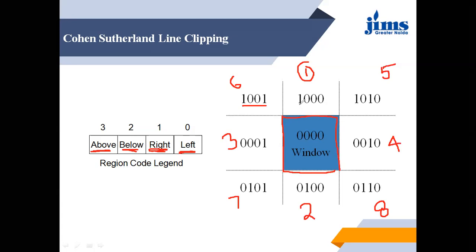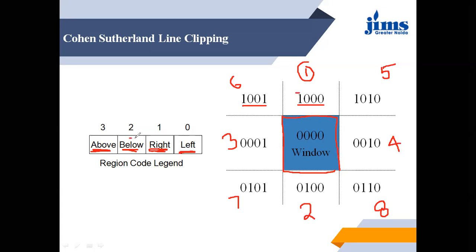Take the example of this. This is above the window. Whatever code we give is with respect to the window only. As the first bit represents above, and this is above the window, the first bit is 1.